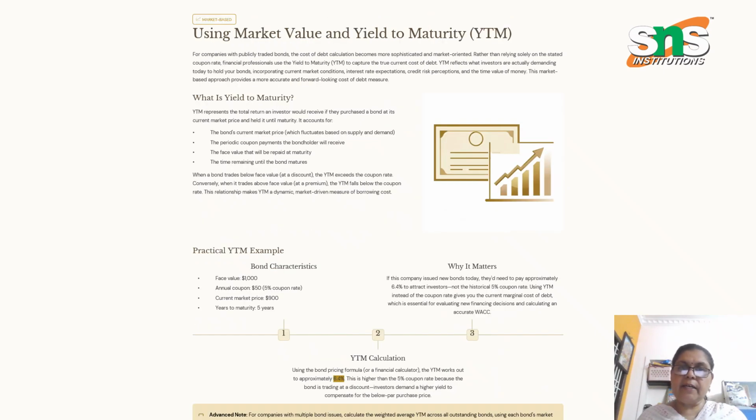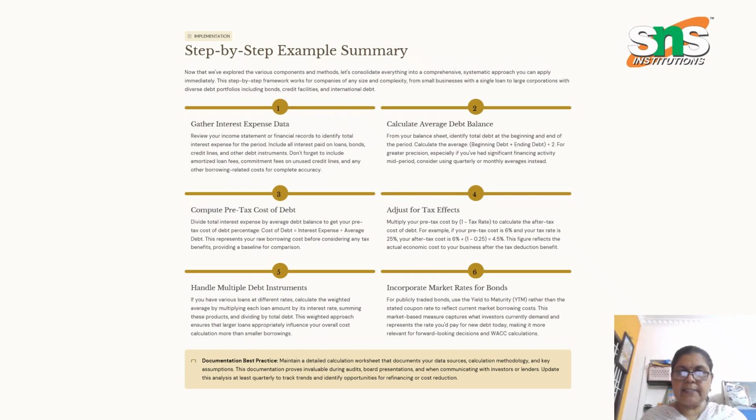Using market value and yield to maturity, YTM, a very common term, we can find out the value of the best source in the market. When you invest or borrow money in the market, what will be the maturity value? Will the maturity value be helpful for the organization to meet all its expenses?